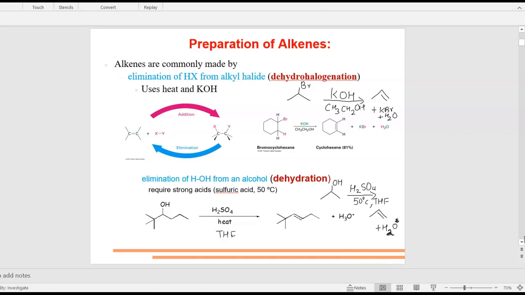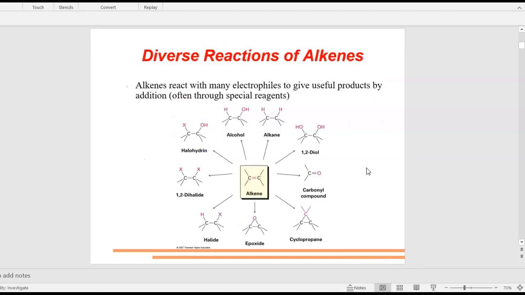Now let's look at the reactions. As I was showing you, this chart summarizes the most important reactions which we will be looking into in this chapter. In this video we will cover a few of them. One is how to form alcohol from alkene, how to form dihalides from alkene, and maybe one more, and that is how to form the halides from alkenes.